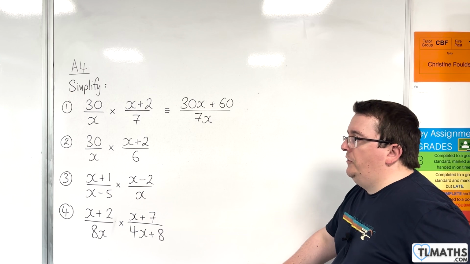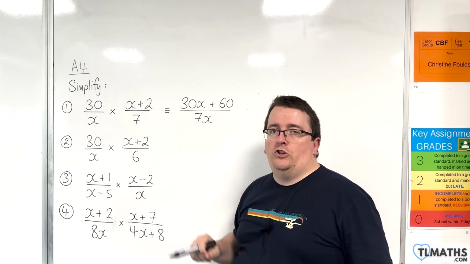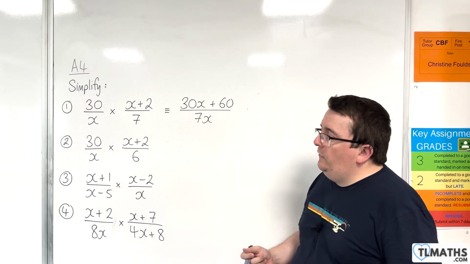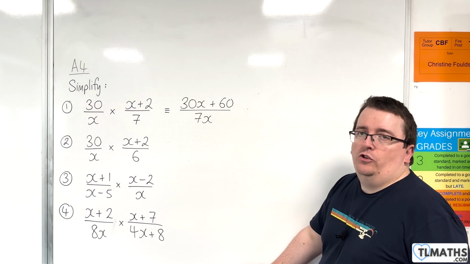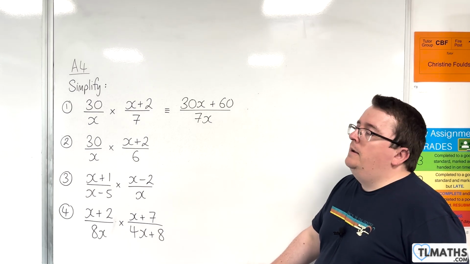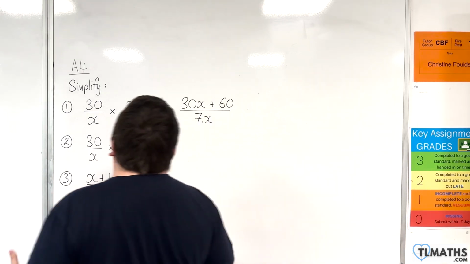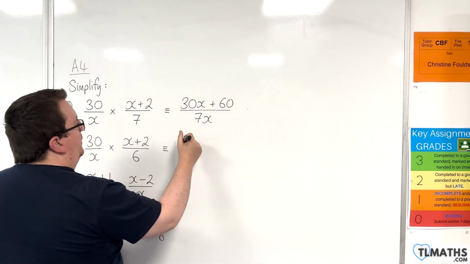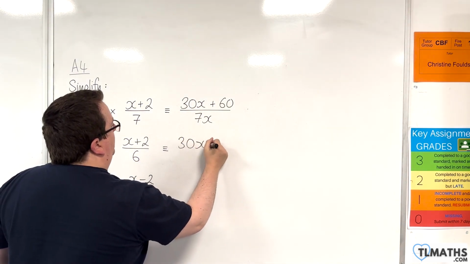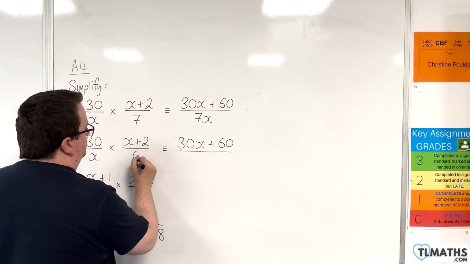Now number 1 and number 2, I've purposefully made the same numbers apart from the denominator of the fraction on the right hand side. The reason for that is to identify that there is a cancellation that we could do early. But let's say we go through the same process as we've been doing and we multiply the numerators together. We'll get exactly the same as we have there, 30x plus 60. And in the denominator, we're going to have 6x.